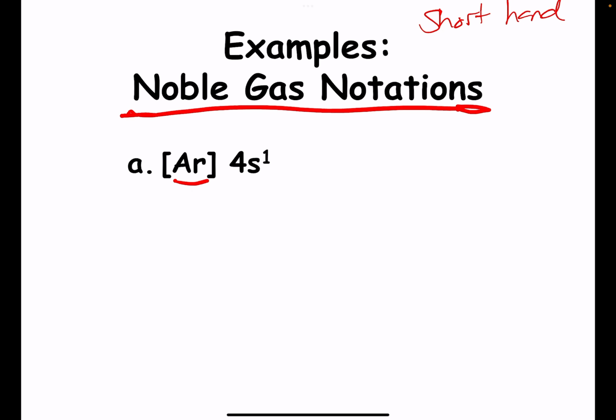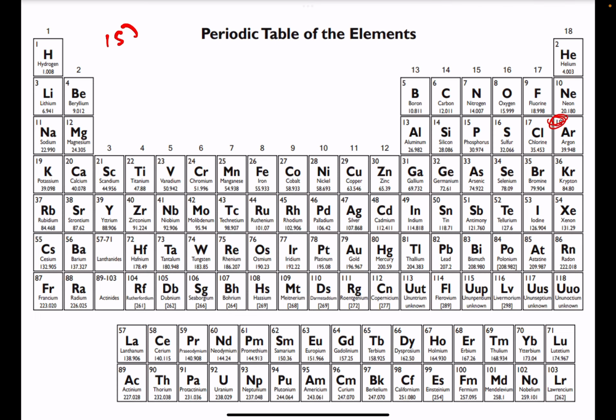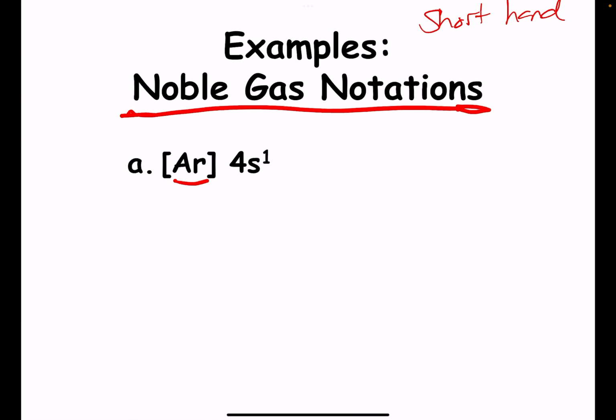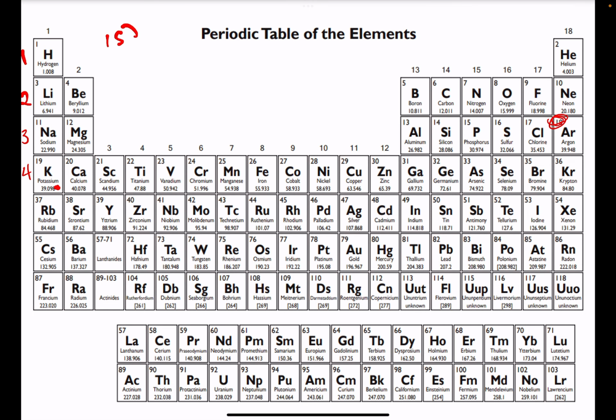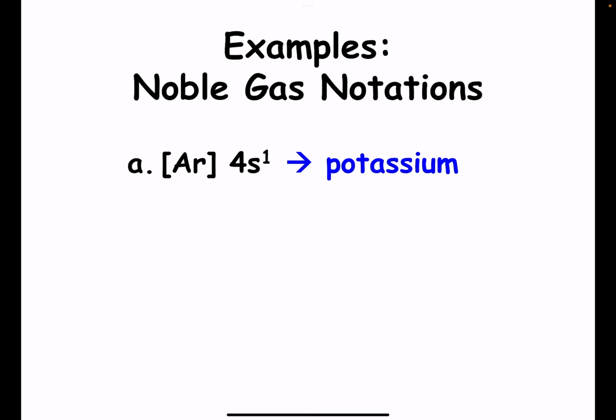So it saves us time. So we have argon and then 4s1. So we know this is period 1, period 2, period 3, period 4. Here's argon over here. Moving forward to 4s1, which is here, that is potassium, right? So that answer should be potassium.